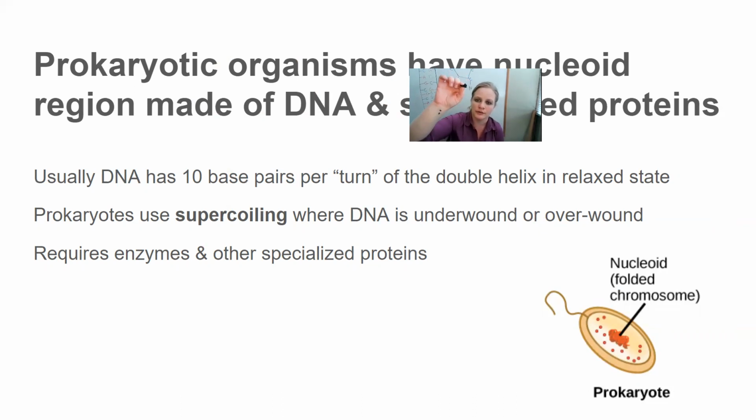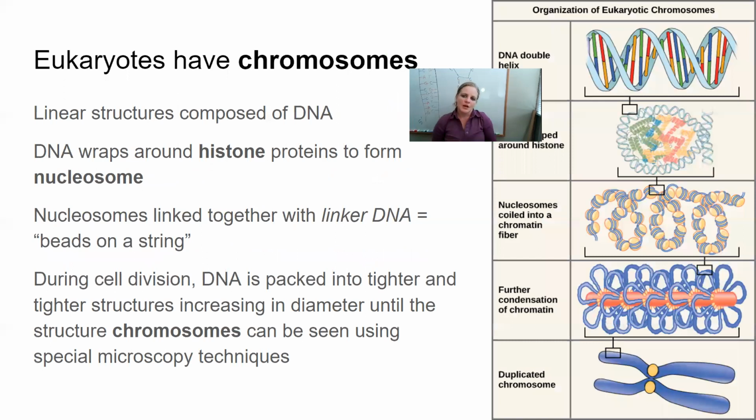Okay, but then if we talk about eukaryotes, again, this is stuff that we've already discussed a little bit, so hopefully this sounds familiar. We have these linear structures, our DNA, our double helix up here at the very top of this figure. And then the DNA will wrap around these special proteins called histones.